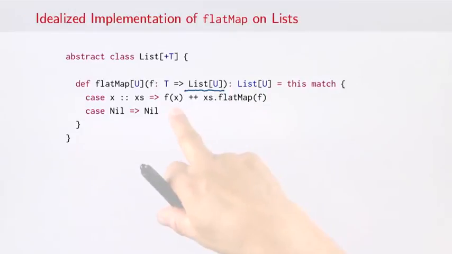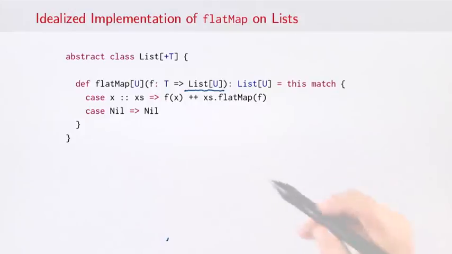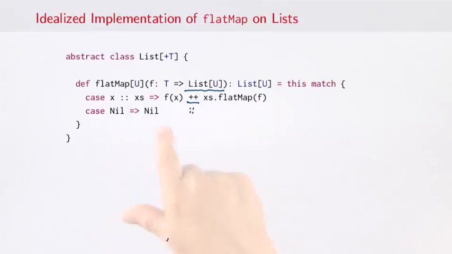The function f gets applied to the first element, head, but since it's a list now, it gets concatenated with the recursive call to flatMap rather than just prepended with a cons. So instead of a cons here, the double colon, you have the concatenation operation, which is written plus plus. And again, for Nil, flatMap gives you back a Nil.